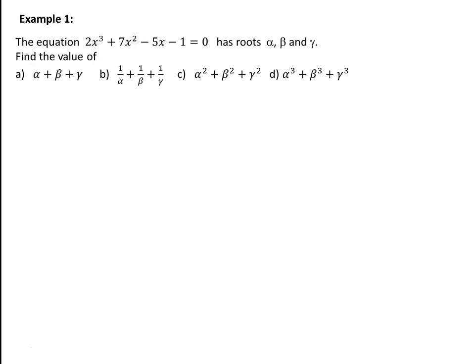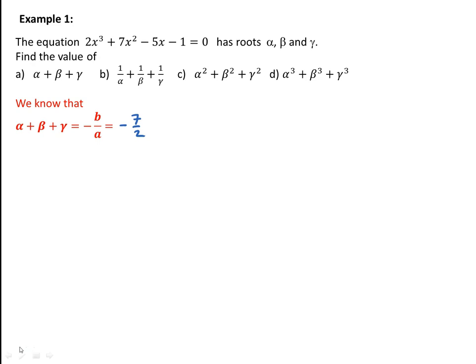Now, from what we've just done, we know that alpha plus beta plus gamma is always equal to minus b over a, so in this case here it's minus 7 over 2. Now it's worth writing down at this stage, before we go any further, the other two results that we can write down straight away.